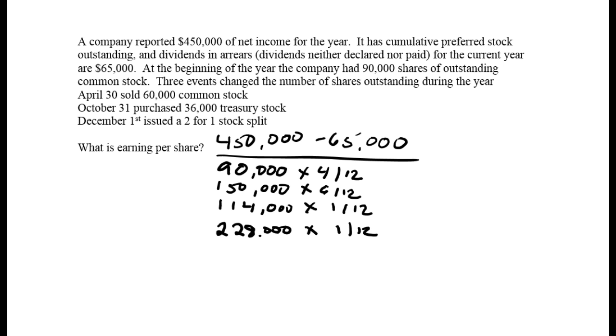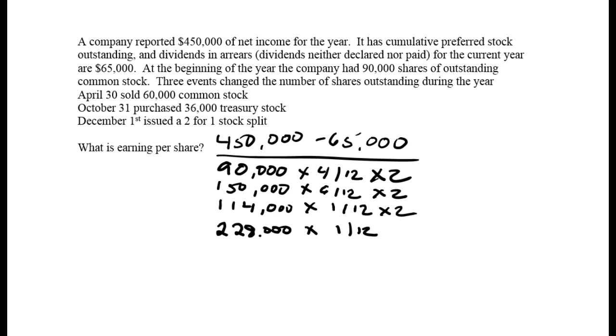All that's happened is you've doubled the number of shares that are outstanding. Since no new money has been taken in, and net income is presumed because of that to be unchanged by this, we're going to back that up to the first of the period that we're presenting, in this case a year. So I need to make that 2-for-1 stock split effective as of January 1st in this case.